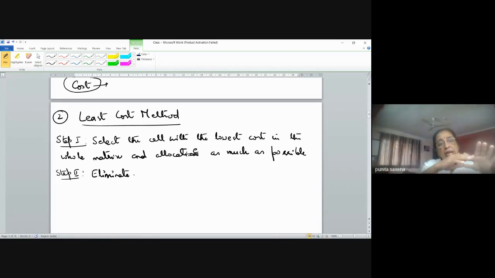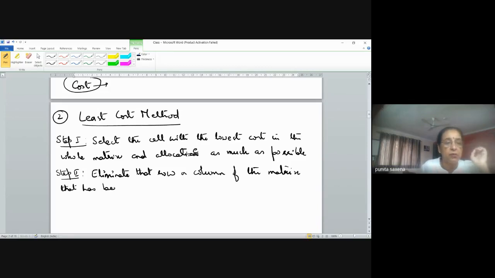So we eliminate that row or column of the matrix that has been exhausted or that gets fulfilled.